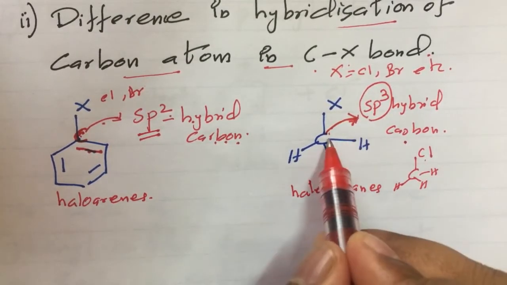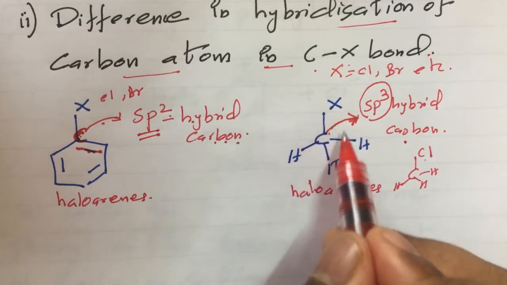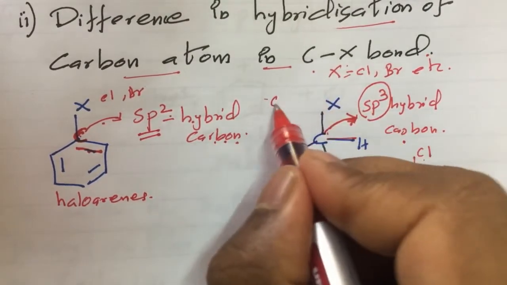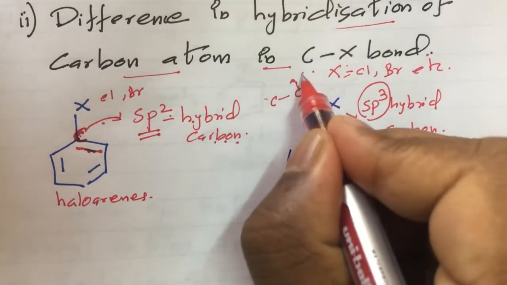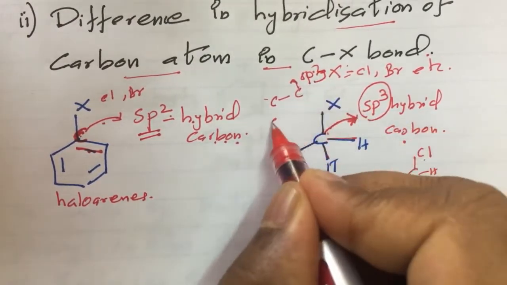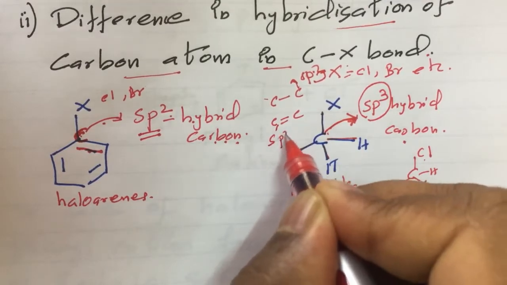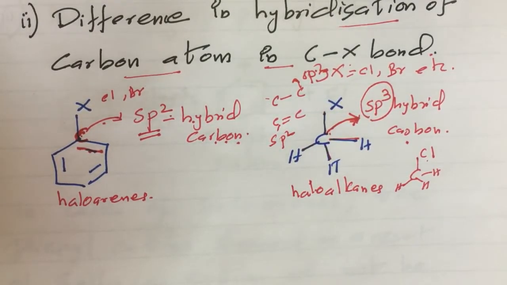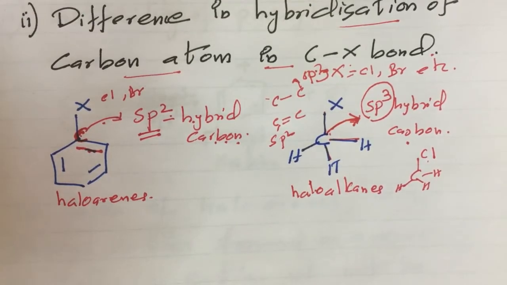Why? The reason is all bonds around the carbon are single bonds. Single bond case is sp3, already you learned. Double bond case is sp2, triple bond case is sp. At the beginning of the lesson you learned that point.